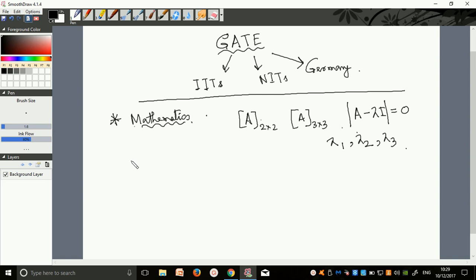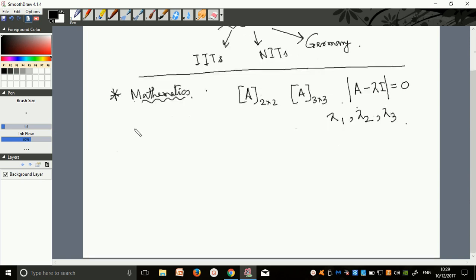Now I will show you how you save the timings. Suppose you are given this problem. Say your matrix is 2, 3, 4, 3, and you form A minus lambda I. Lambda will be your eigenvalue.